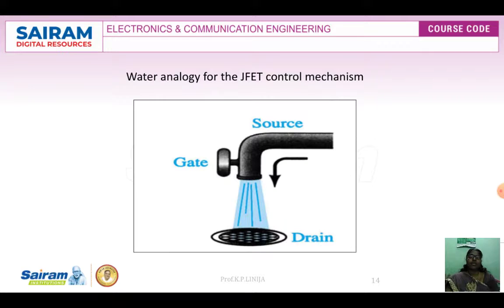Whenever you turn the knob, it can be open as well as closed. When you open it, the water drops from the source and gets drained. The same logic of how this water tap works can be applied to the field effect transistor. We call it a voltage controlled device, that is, the gate voltage controls our device.